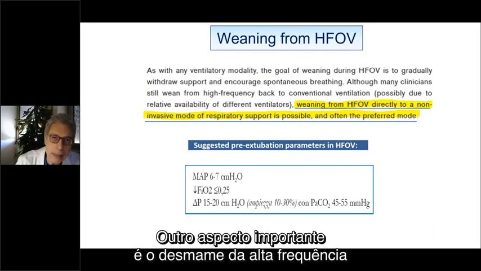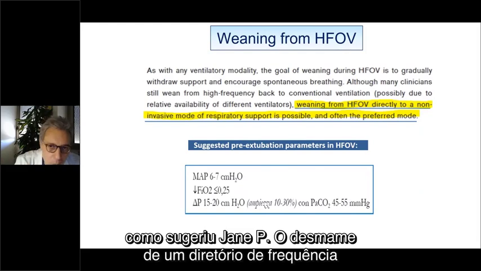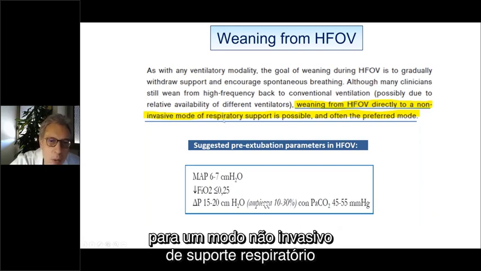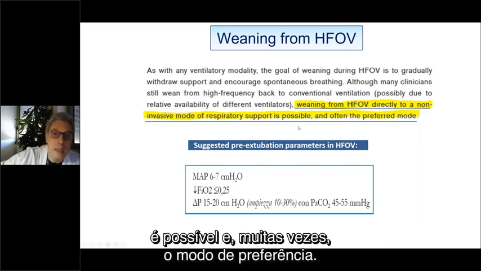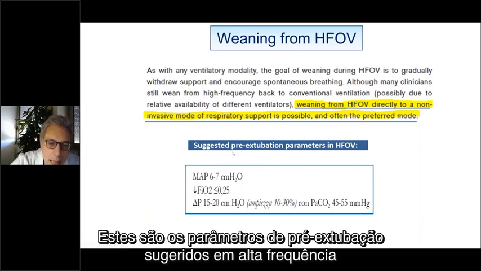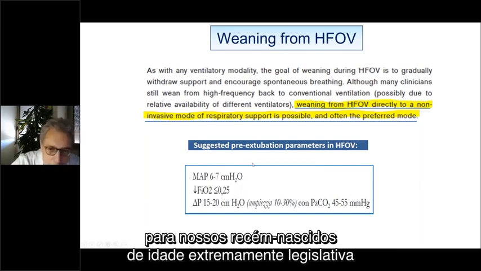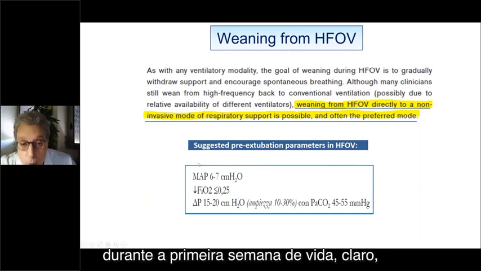Another important aspect is the weaning from high frequency. As Jim Pilov suggested, weaning from high frequency directly to a non-invasive mode of respiratory support is possible and often the preferred mode. These are the suggested pre-extubation parameters in high frequency for our extremely low gestational age newborns during the first week of life.